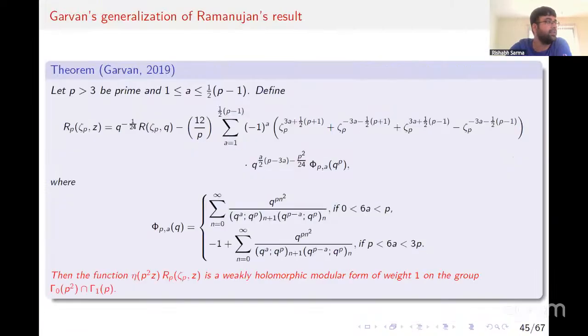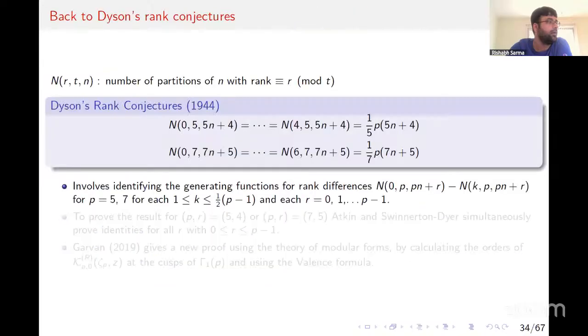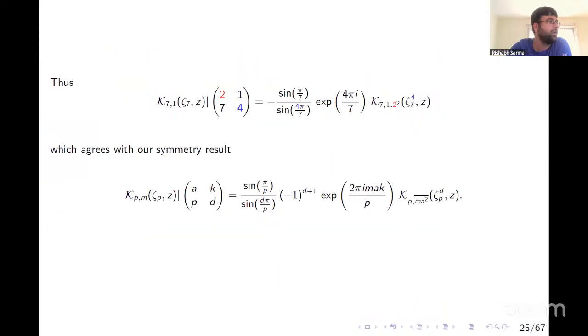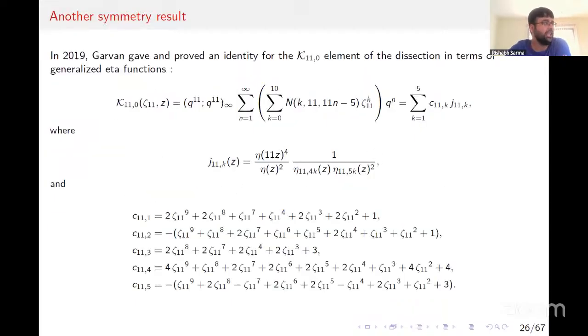Like I said in a slide before, here is the identity for K11,0, the 0th element of the 11-dissection of the rank generating function due to Garvan in his paper, where you can see the things on the right-hand side are quotients of generalized eta products, and of course the quotient of eta products and generalized eta products.